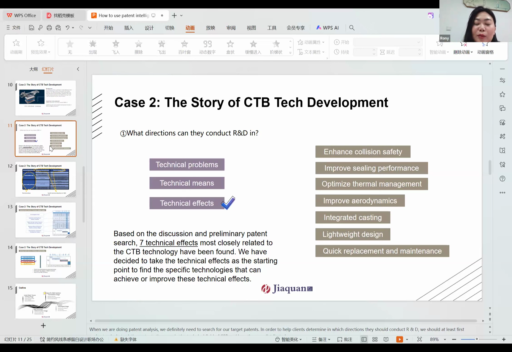So we switched our way to solving the problem. I think that's because we did a lot of practical work. Yeah, because we couldn't make it work by using technical means, so we switched to the technical effects.